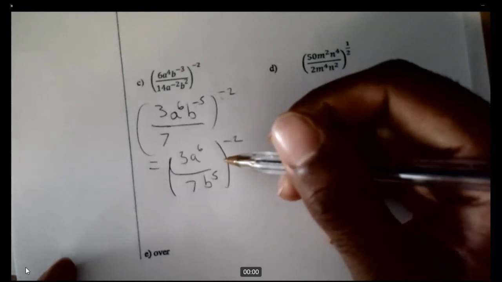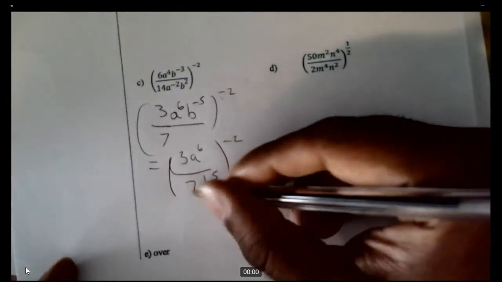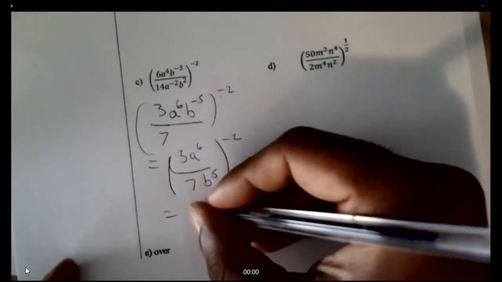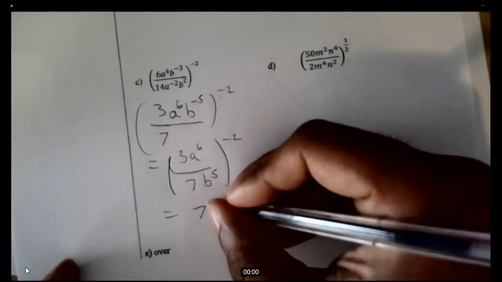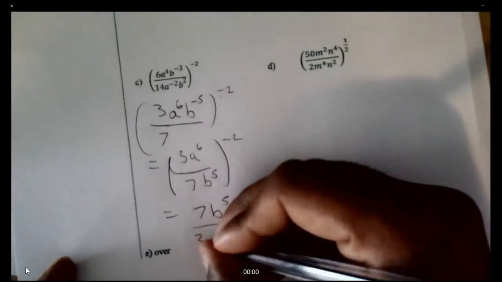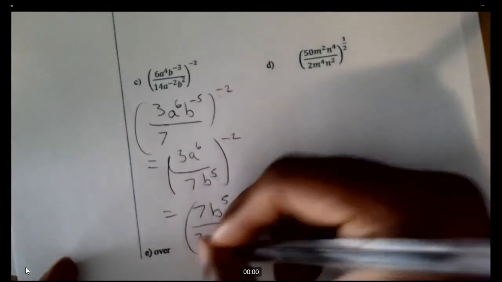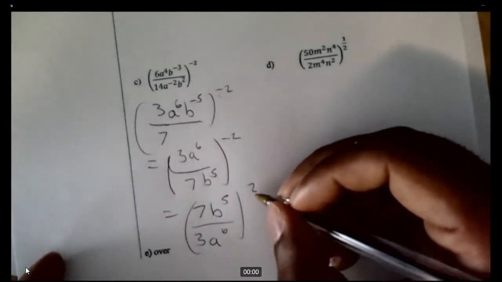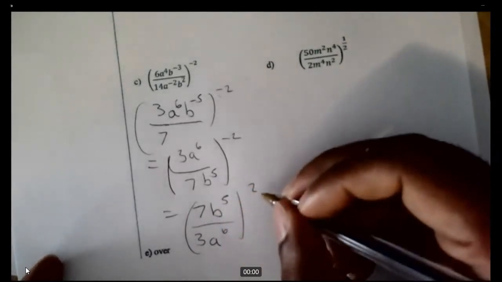Oh, it's still recording. Okay. Flip this around to the other side to make this a positive exponent. So this is also equal to 7 on top. And then you got b to the power of 5, and then 3 a to the 6, all to the power of 2. Okay, so now finally, I'm going to actually bring the exponent inside.